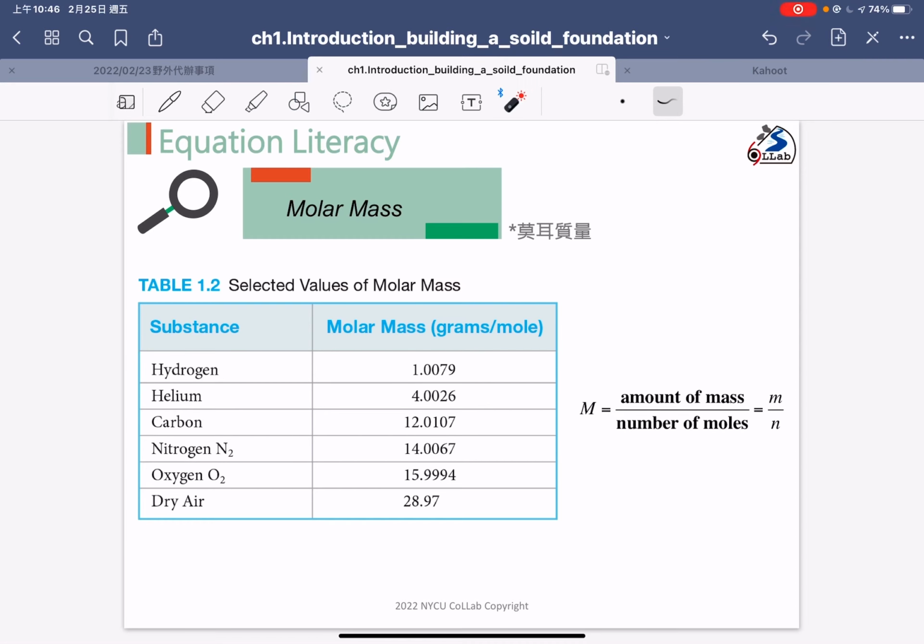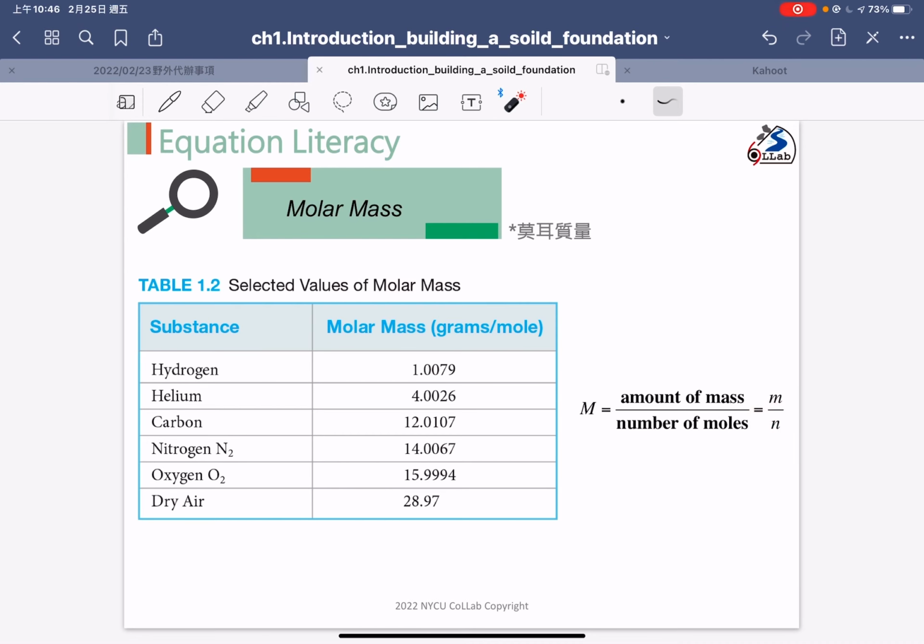Most of the important gases are shown here. Like nitrogen is 14, and oxygen we use 16, and hydrogen and helium and dry air. You can check by yourself. And I emphasize that the molar mass is the mass divided by the mole. So you need to keep it in mind.